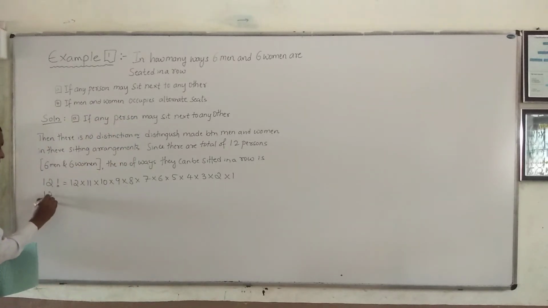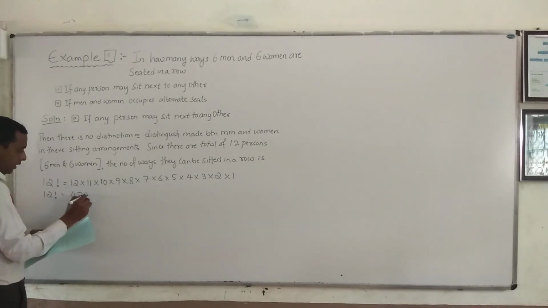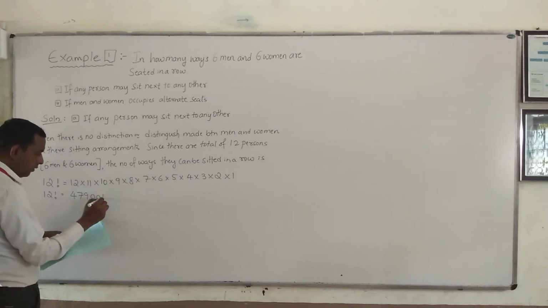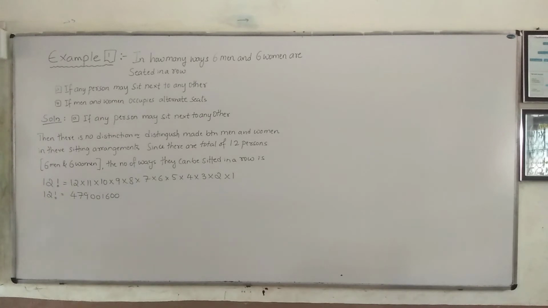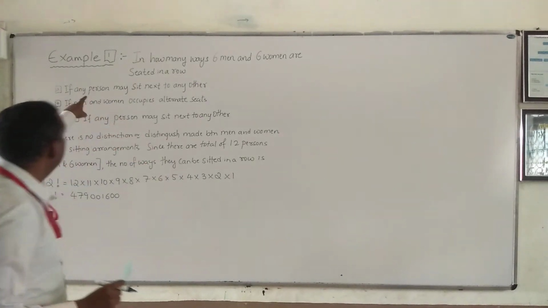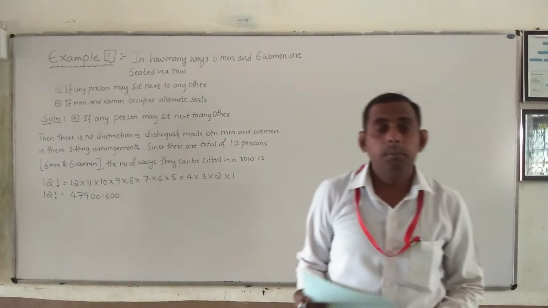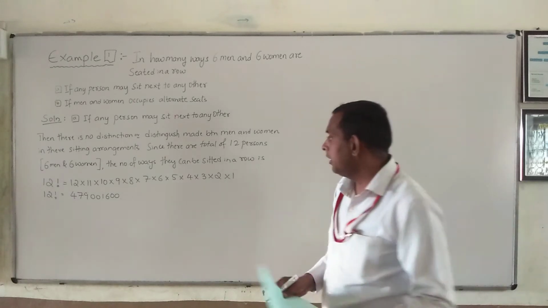That is, 12 factorial is equal to 479001600. So this is what arrangements with respect to if any person can sit next to any other person. This is what arrangements.